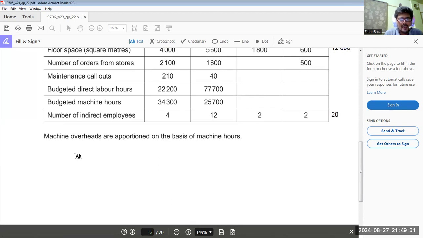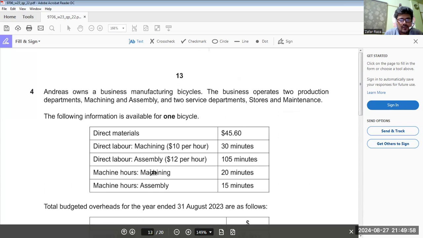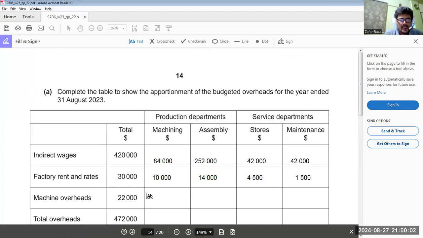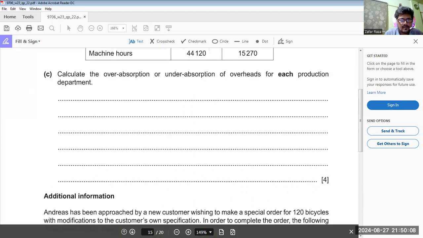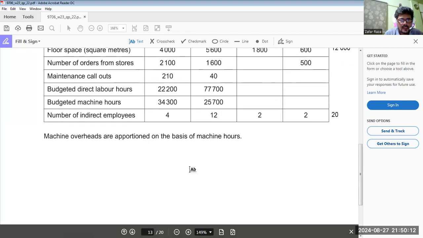Now the budgeted amount which we were supposed to divide was how much? $22,000. So our cost was $22,000.